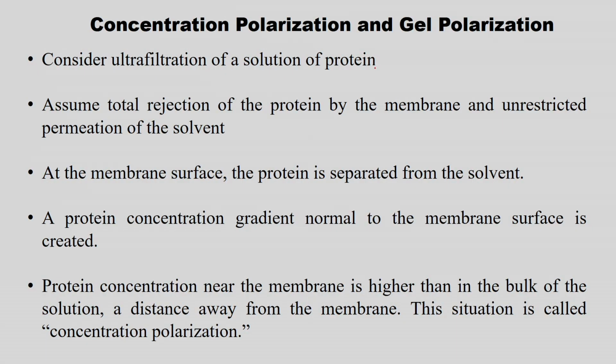Then the next important terminology to take into account in membrane separation processes is concentration polarization as well as gel polarization. Consider, for example, the ultrafiltration of a solution of protein. Here assume total rejection of the protein by the membrane and unrestricted permeation of the solvent. This is the ideal scenario.